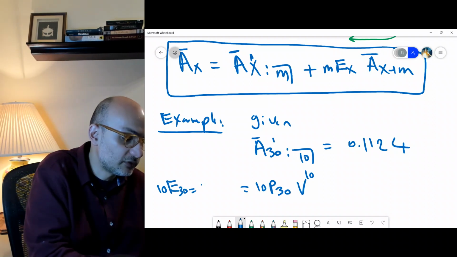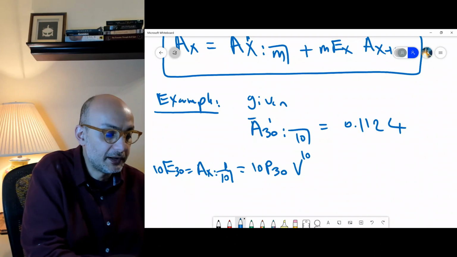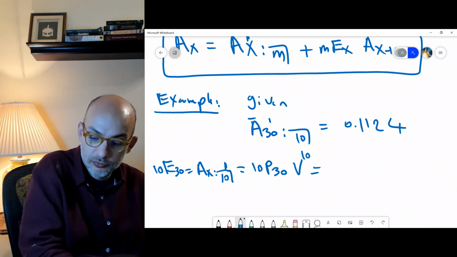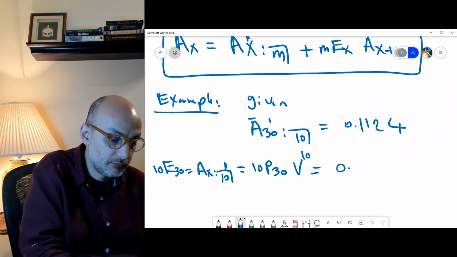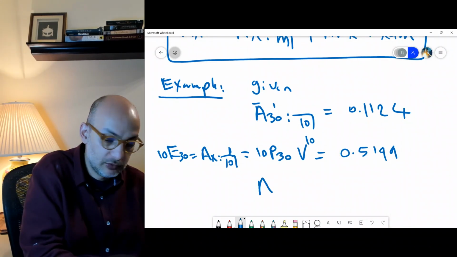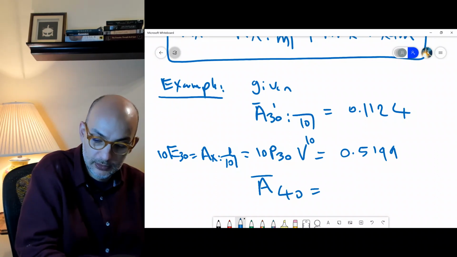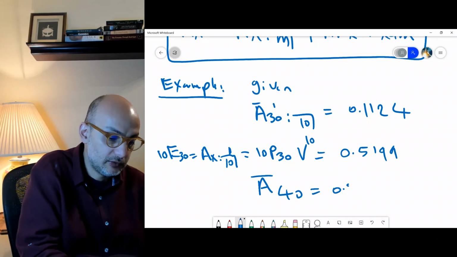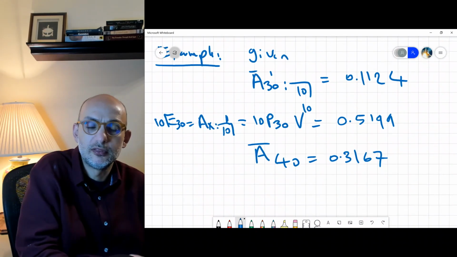It can also be written without the bar here, right? The same. This one we computed, if you go back, it's 0.5199, and we computed also A40 to be 0.31. I'm looking at my notes because we already computed this before.